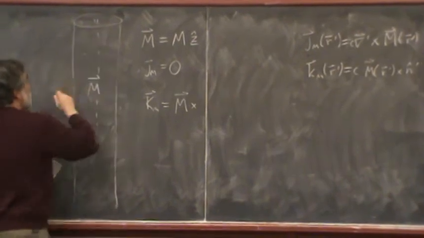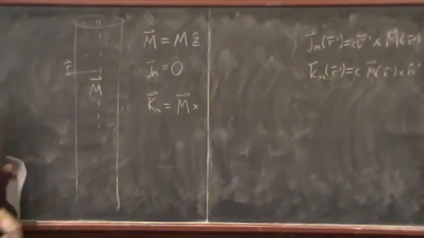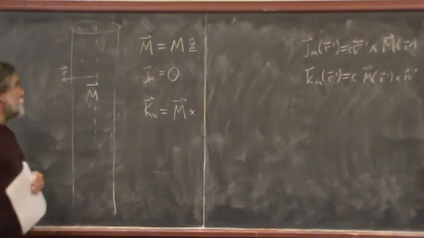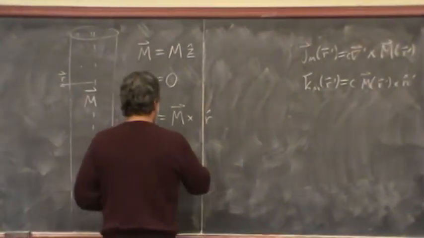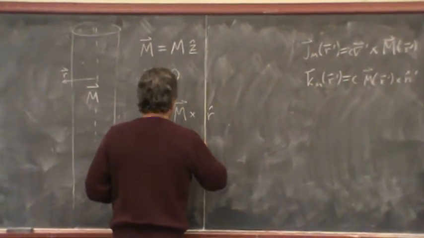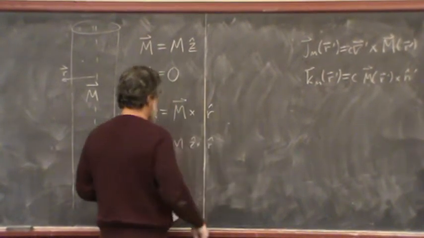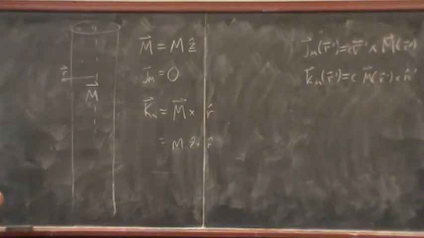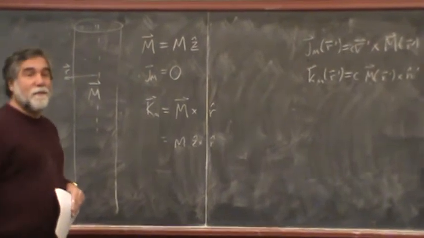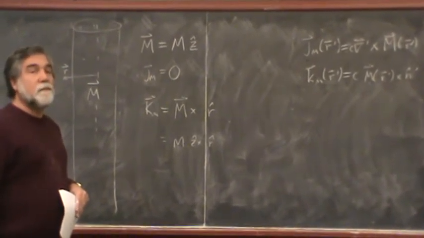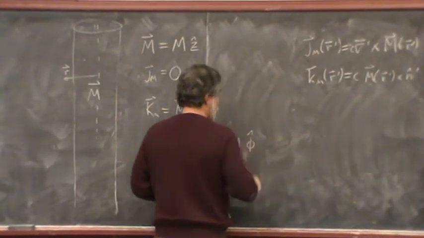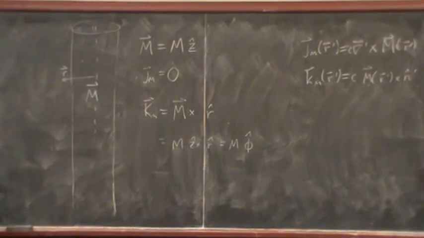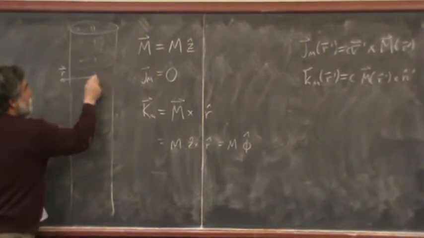This looks cylindrical to me, so I'll take that to be r hat. And so it's M z hat cross r hat, which is going to give me, say what? Phi hat. Yes, but is it positive phi hat? z cross r gives, yeah, positive phi hat. All right? So the surface current goes around and around.